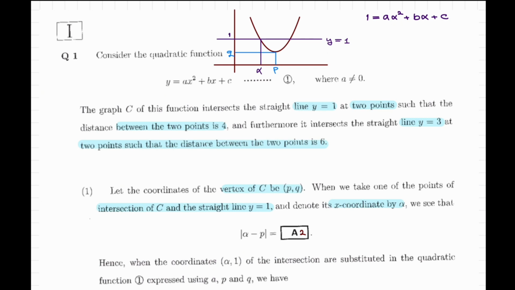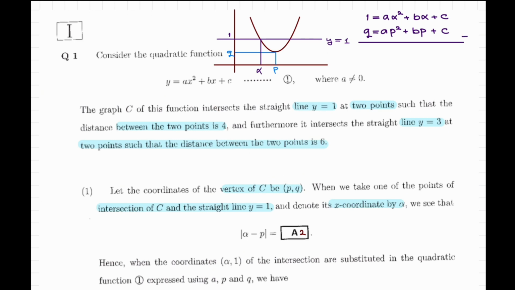So my second equation is I will substitute this vertex into the quadratic function. Then I will get q equals a p squared plus bp plus c. And then I will subtract it.